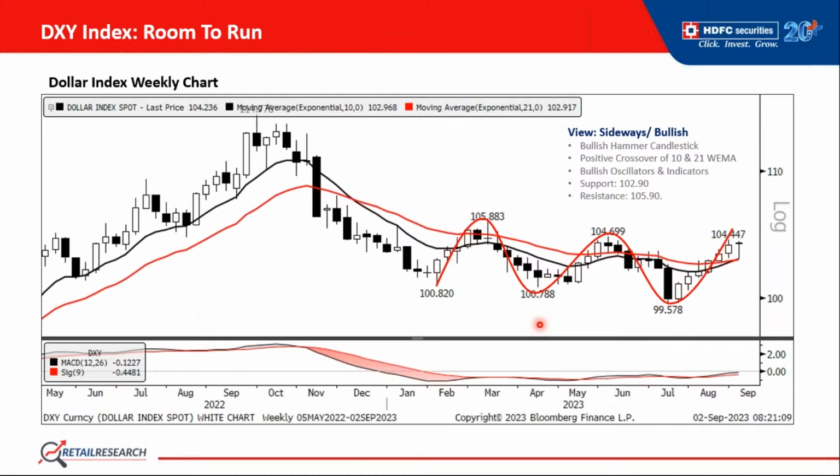Recent inflation and job numbers still warrant that there could be one more hike before the pause. So we believe one more rate hike is on the card, and that is the reason the dollar index is moving higher, and why we believe there is still room to run.